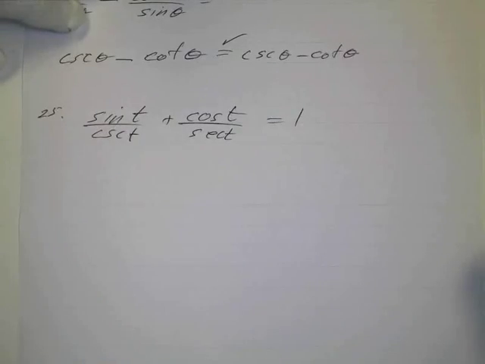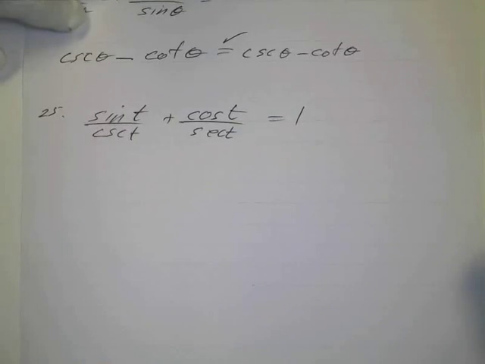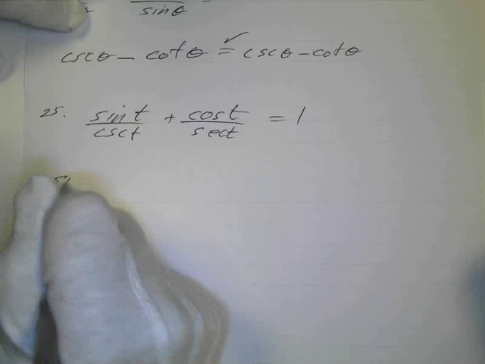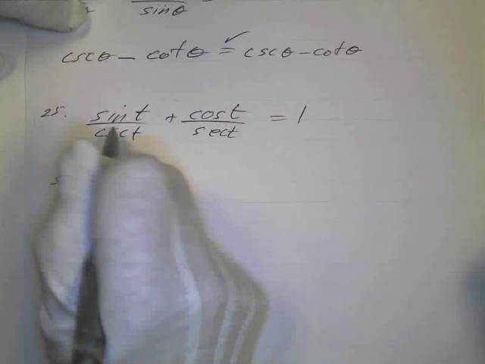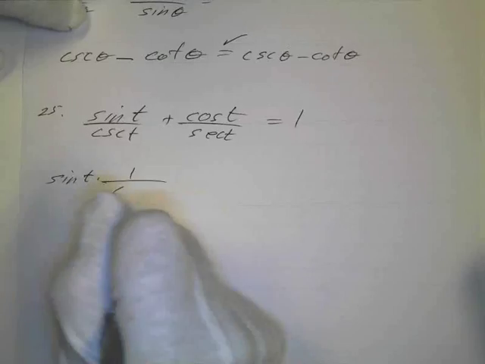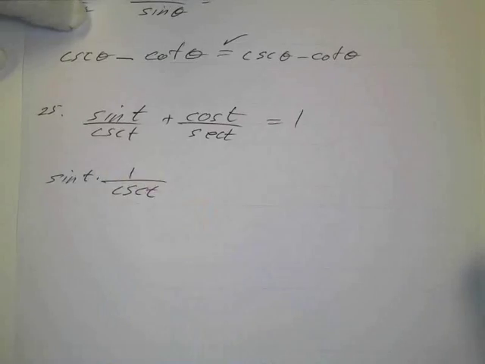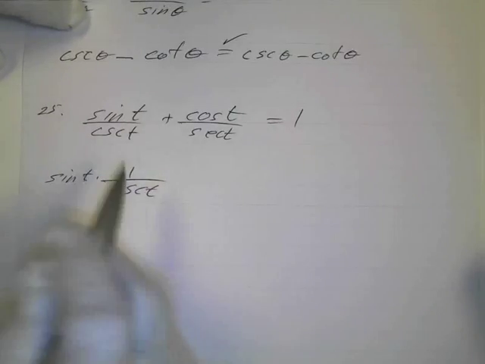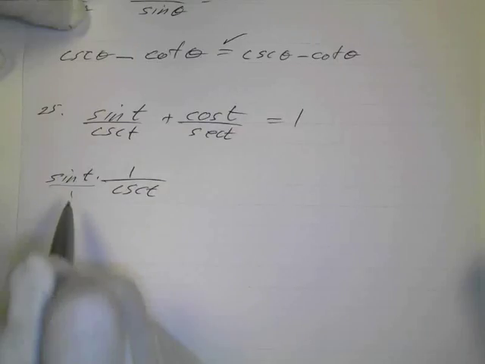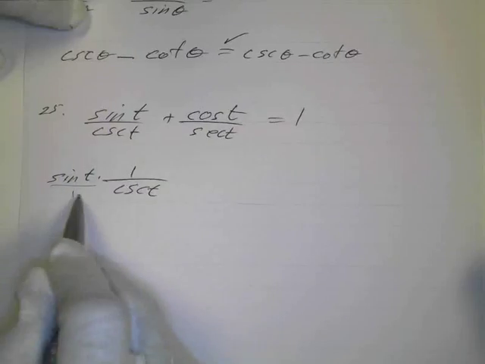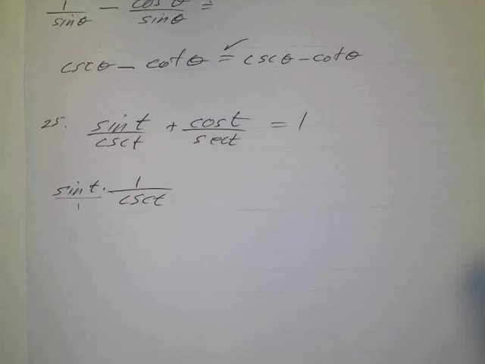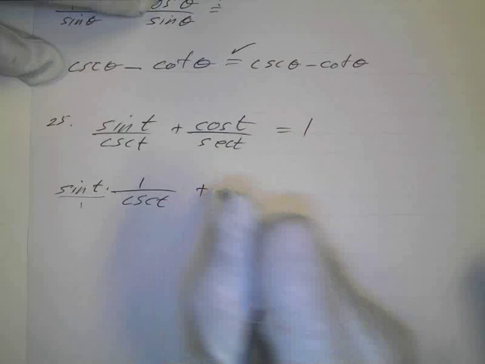Get everything in terms of sine and cosine. Another way to write this is the sine of t times 1 over the cosecant of t. Can I do that? I could just break this up. In other words, if you put this over 1, that would be the sine of t over the cosecant of t. So I just broke it up into two different little sections.